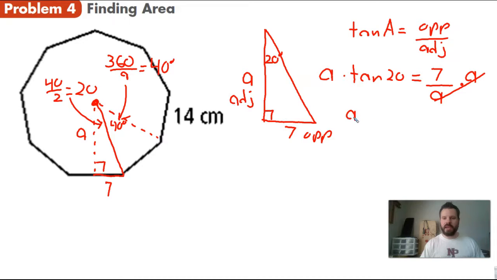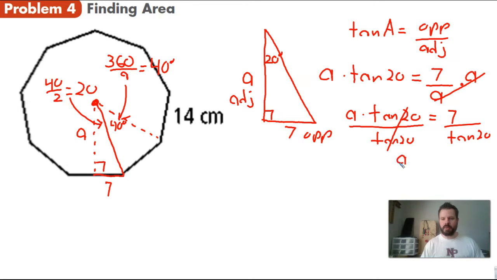So now I have A times tan 20 is equal to 7. And then to get the A by itself, I'm going to divide both sides by tan 20. And we end up with A equals 7 over tan 20.